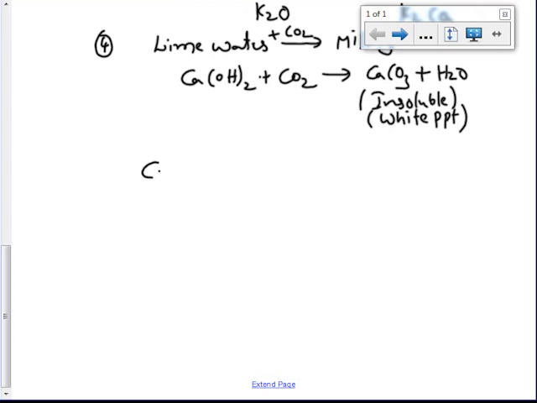We are saying calcium carbonate is insoluble in water. So if I add excess water and pass excess carbon dioxide, it becomes calcium bicarbonate.